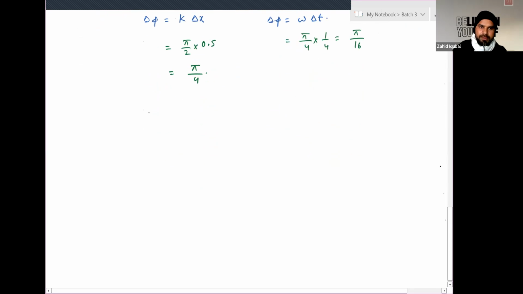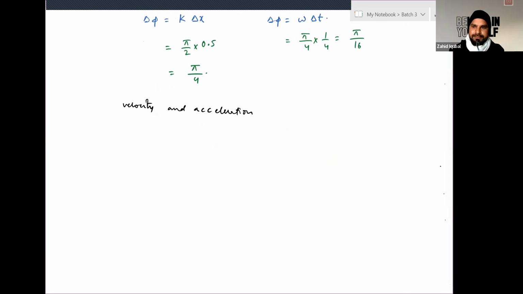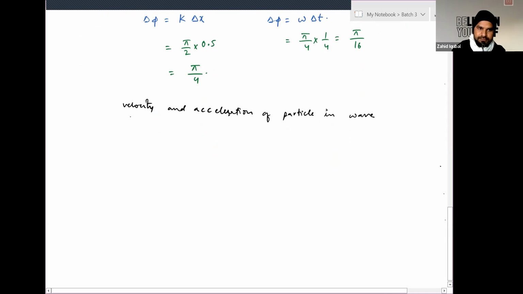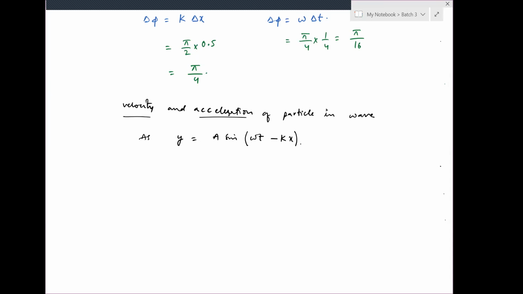Now next, related to this part is velocity and acceleration of a particle in a wave, as y equals A times sine of omega t minus kx.